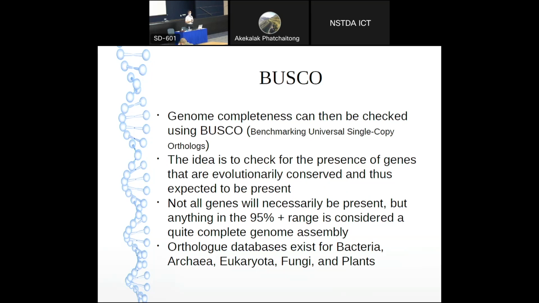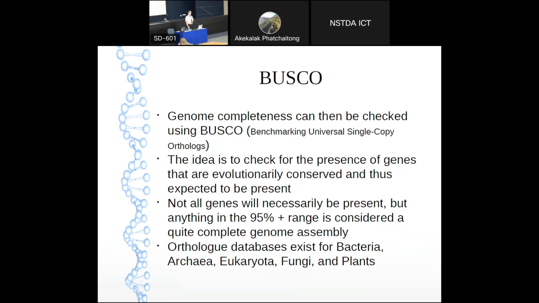So remembering back to my evolution slide, a lot of species have a set of genes that are almost always present. And so if we compare our annotation to these BUSCO gene sets, then we can get an idea of how complete the genome is.